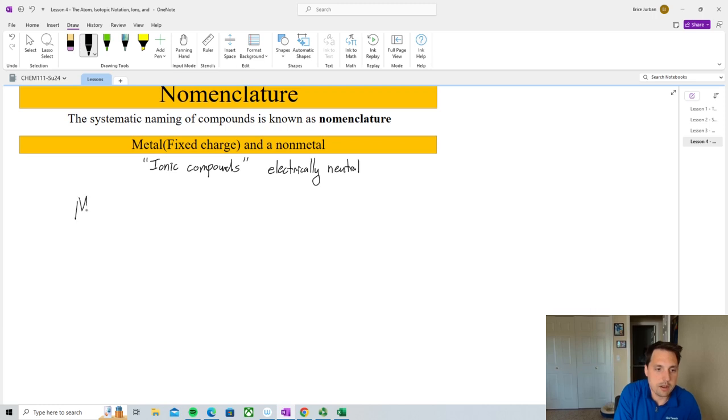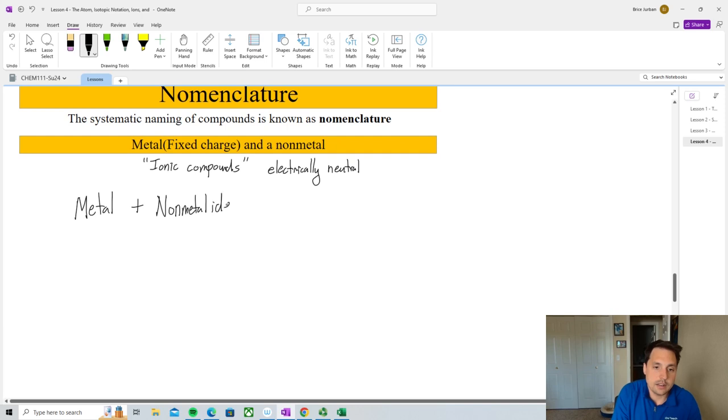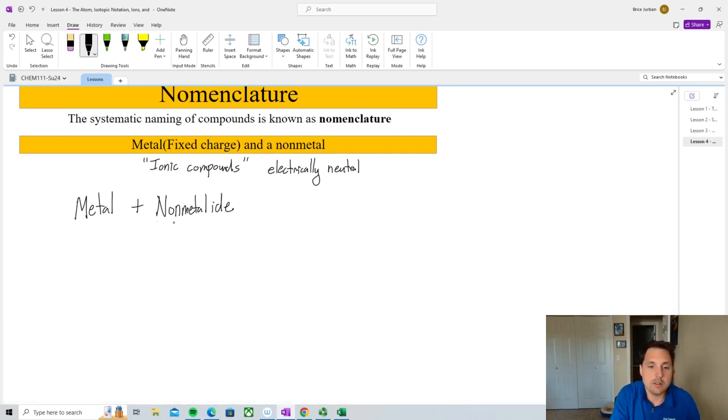So what we'll do is we'll take a metal, and the metal is always going to be listed first. And then to name it, we'll look at what the nonmetal is, what its name is, and we'll change the ending to IDE. So we'll have the most common name of the nonmetal, and then we'll just change the ending to IDE.